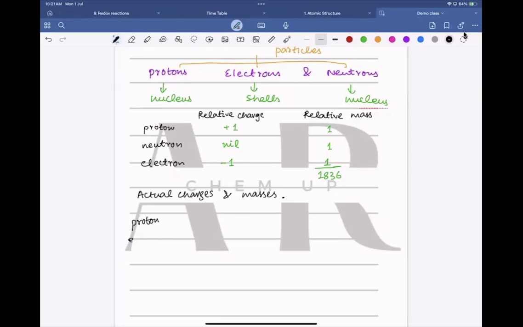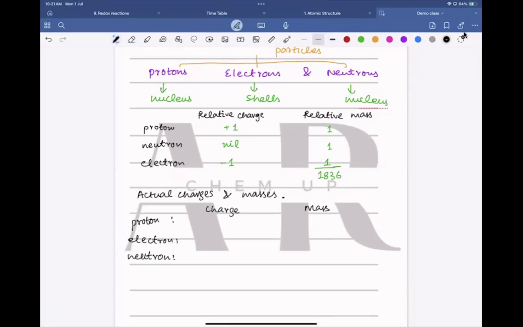Okay, these actual masses and charges, there is no need to memorize them because if it is needed, the examiner is going to provide you the actual charge and the actual mass of proton, electron, and neutron.